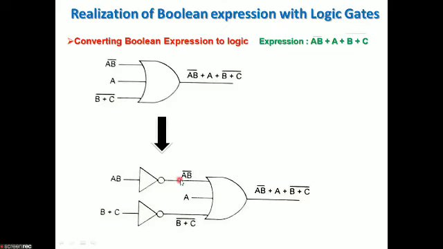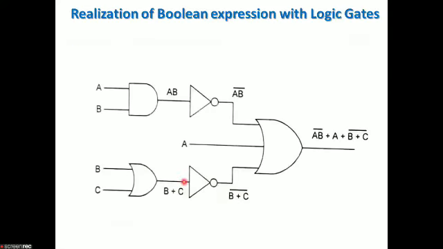So two inverters are drawn here. What is the output? A dot B bar. Another output is B plus C bar. And what is the input of the inverter? For the first inverter, it is AB. Another input is B plus C. So this is the second step. Now we are going to the third step.